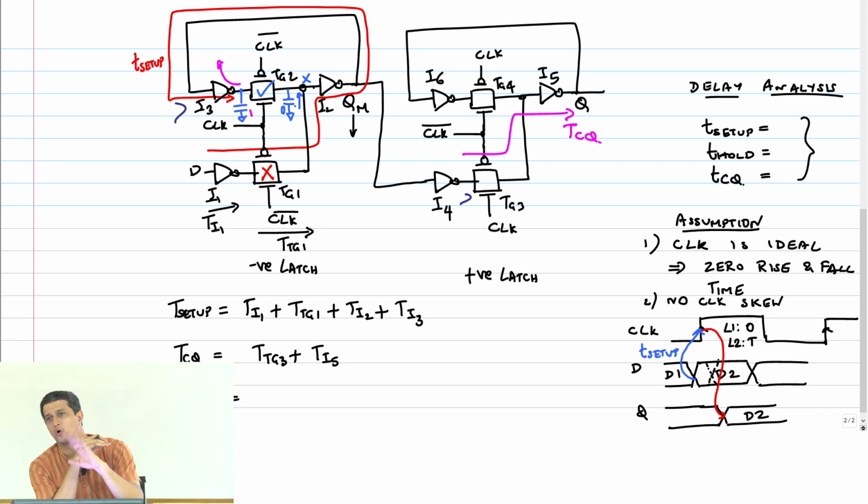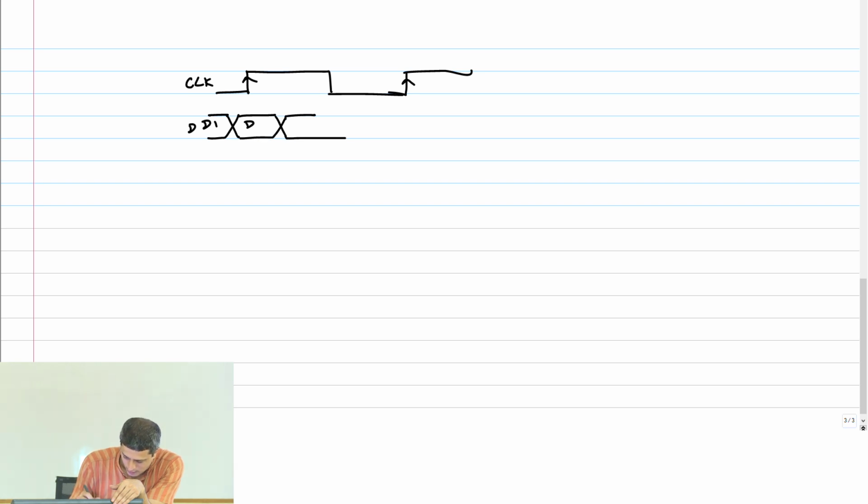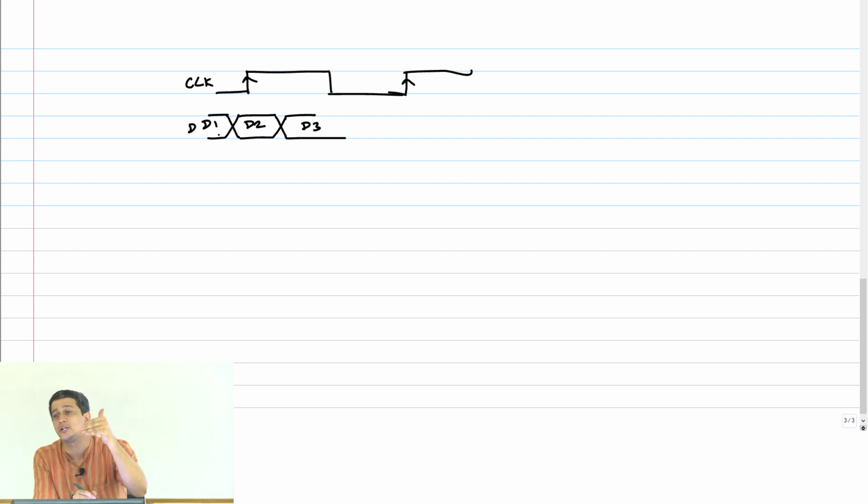Yeah. So what is hold time? Hold time, the definition is, data is clock, right? D. I cause a change in data before and after the edge. D1, D2, D3. The point now is, before the edge, when the change happens, I want that change to be captured. That is setup time.